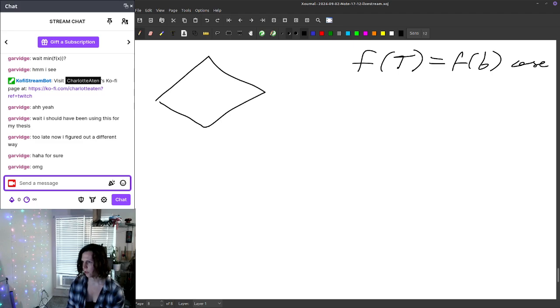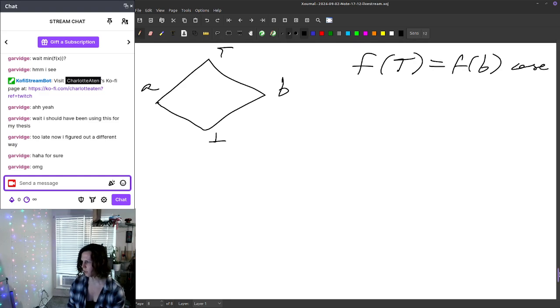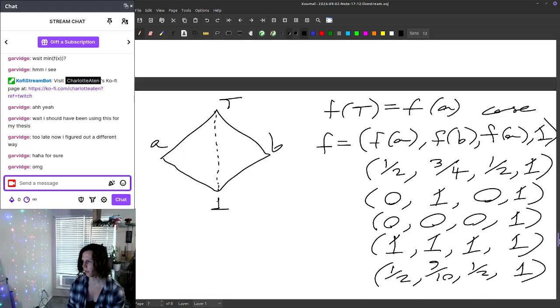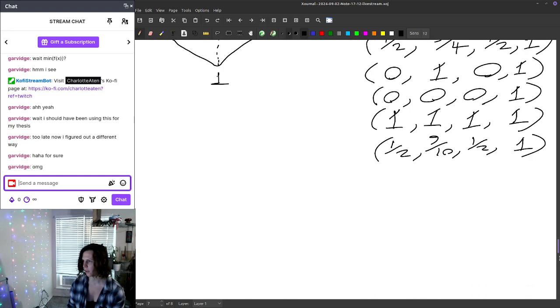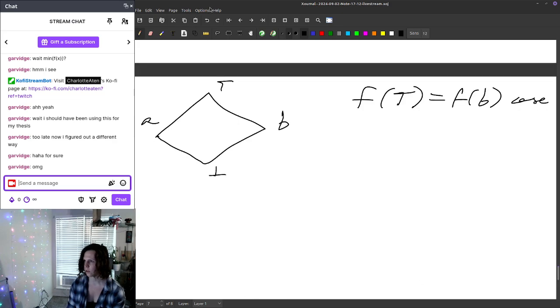I'll just draw my picture again here. Okay, so this is the exactly symmetric thing, right? Oh, I guess I did have more room. I keep thinking I don't. Well, here, let me just move this up.